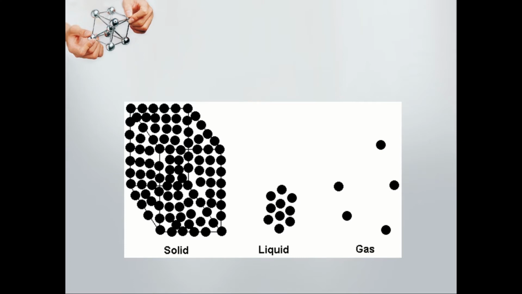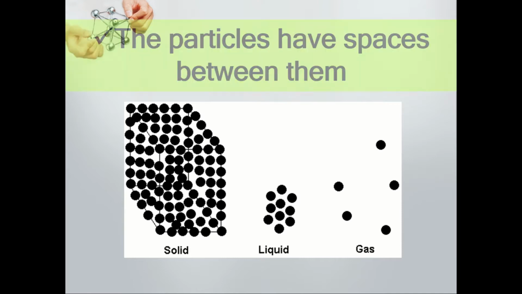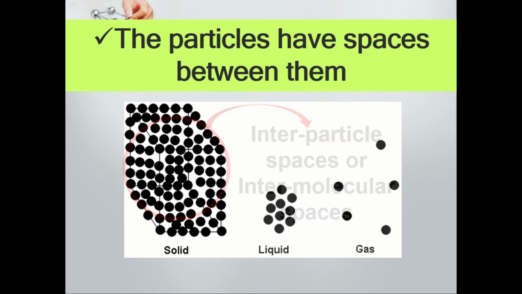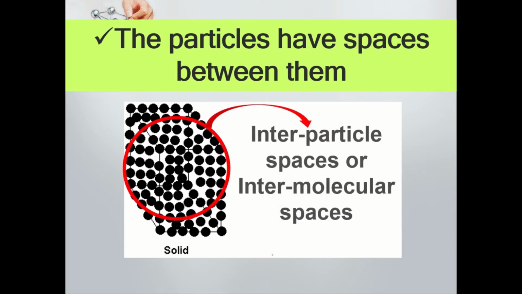What can you observe from this illustration of our solid, liquid, and gas? As you can see, class, the particles have spaces between them. May it be solid or liquid or gas, they have spaces in between them. And these spaces are what we call the interparticle spaces or intermolecular spaces.